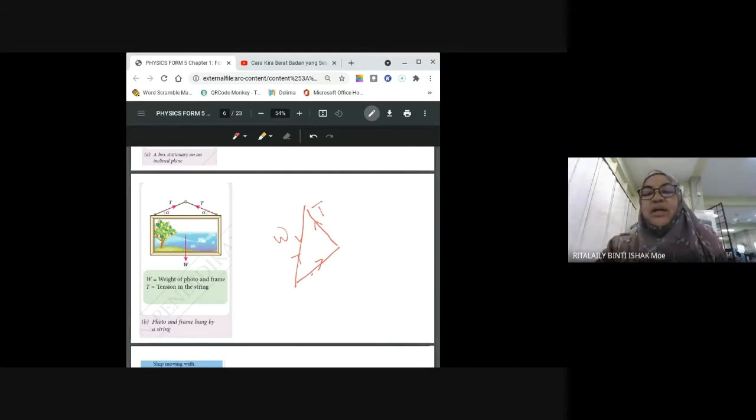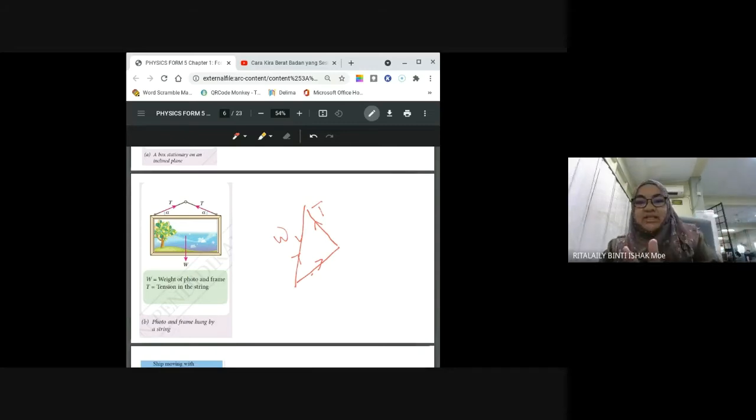But if you need to draw, you need to measure, let's say the W using the drawing method, then you need to measure the angle accurately. Okay, same method you use for calculating resultant force. So for example, kita dah tahu T, the two T's kita tahu tapi kita tak tahu W.